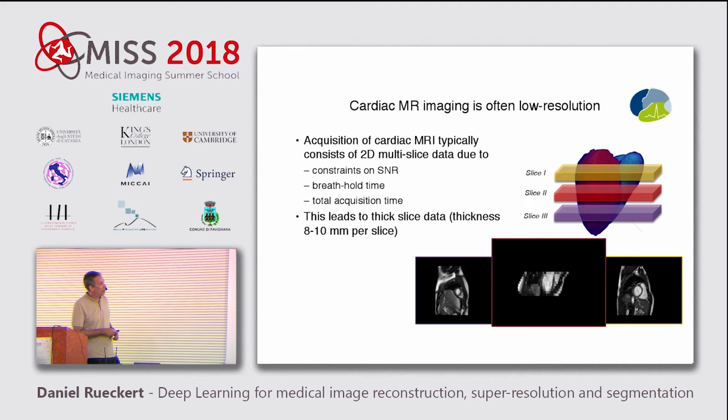So for example, this slice here, let's assume I can only shift the slice in the plane, might be in a different position to where it should be. And if you look at the reformatted image now, you can easily see that there are two slices here where the data doesn't quite seem to fit in 3D.